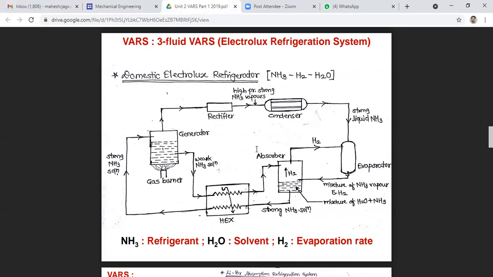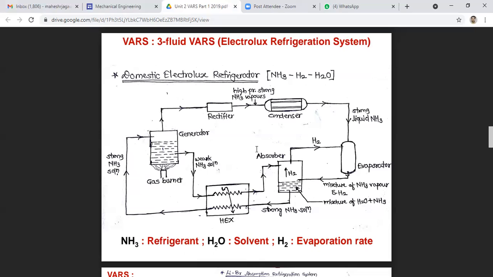So we are finding that the domestic absorption type of refrigerator was invented by two Swedish engineers, that is Carl Munters and Baltzar von Platen, in 1925.